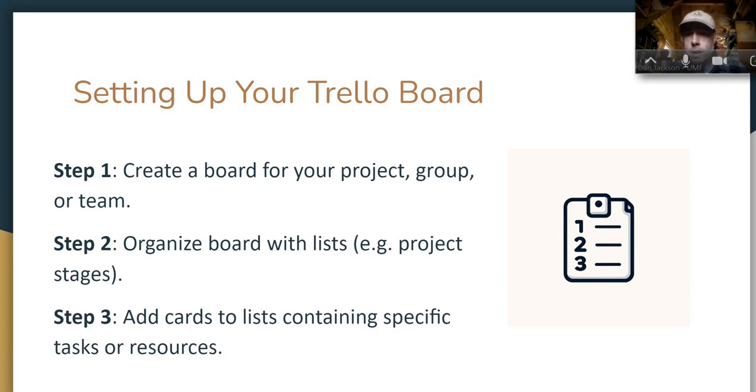And so each board then you organize with lists, and the lists can have cards on them. Each card can contain pretty much whatever you want as far as resources, links, attachments, to-do lists, so checklists. You can assign due dates. There's commenting options, so it's pretty flexible as far as how we can manage that.